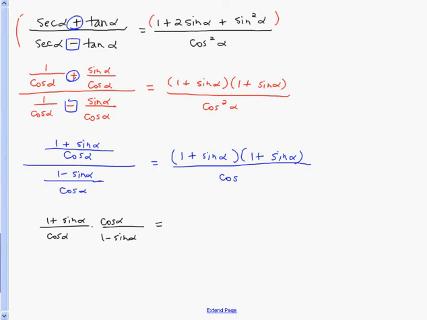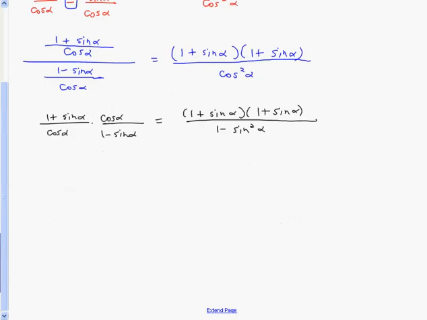Oh, guys, it's getting bad. Okay, sorry. Don't forget your cosine squared. Alright, I guess I am going to do what I thought I was going to do to start with. I have 1 plus sine of alpha on top, 1 plus sine of alpha on top, and on bottom I'm going to change that cosine squared to 1 minus sine squared. Okay, it's just where I need to go.